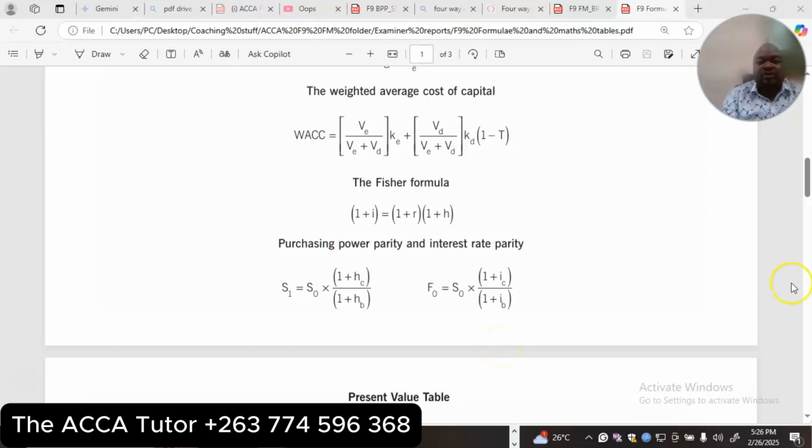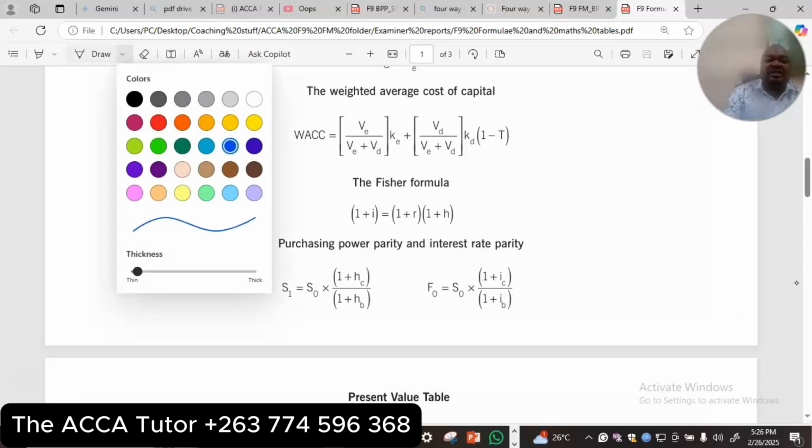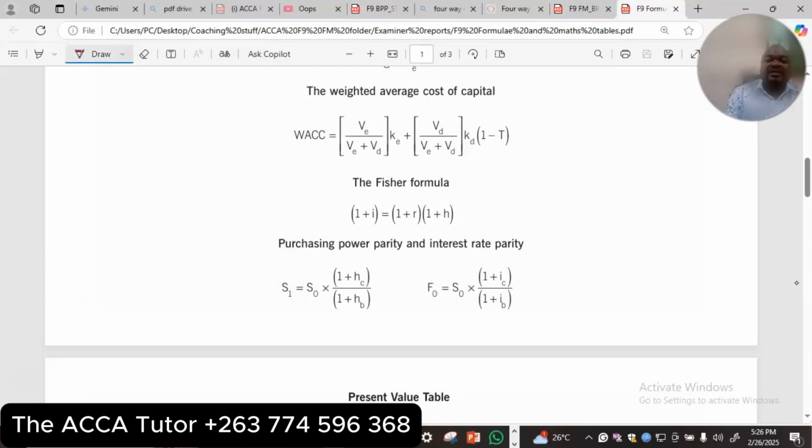Okay, ladies and gentlemen, for those who do not have the formulas, or who have just seen this part of the video for the first time, I think it is beneficial for you to see these formulas. Let's start with the Fisher formula. This is the Fisher formula, and if you are doing the ACCA Financial Management paper, you're going to be given this formula in the exam.